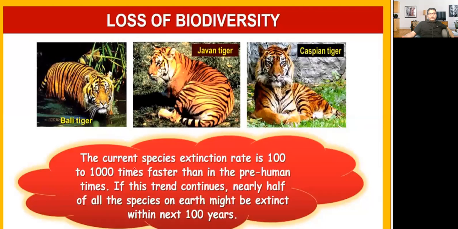The current species extinction rate is 100 to 1,000 times faster than in pre-human times. If this trend continues, nearly half of all species on Earth might become extinct within the next 100 years. These are three different varieties of tiger: Bali tiger, Java tiger, and Caspian tiger.